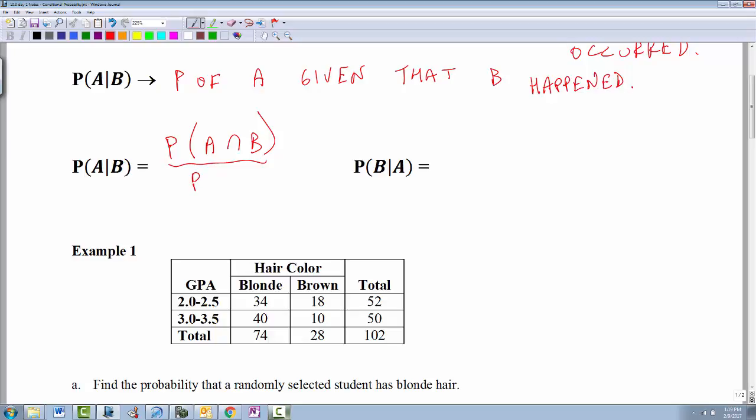Divided by the probability of B, because B has already occurred. We're assuming that has happened. Likewise, the probability of B given that A has already occurred is A intersect B, or B intersect A, does it really matter, divided by the probability of A occurring because A has already occurred.